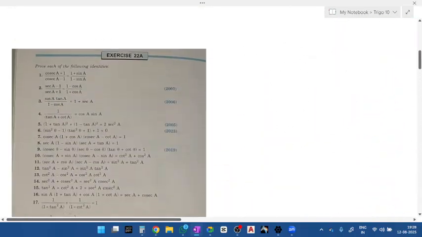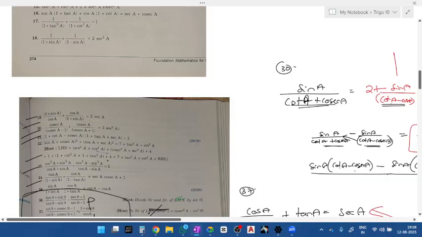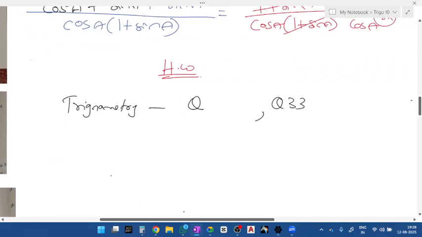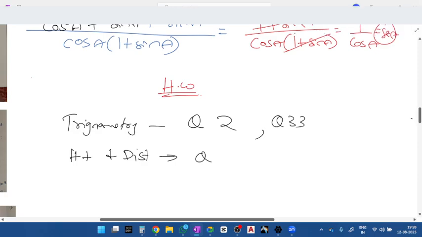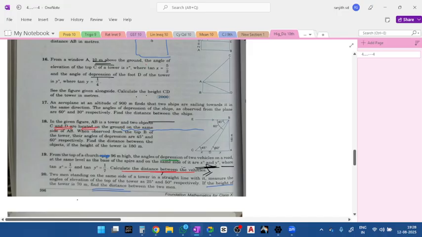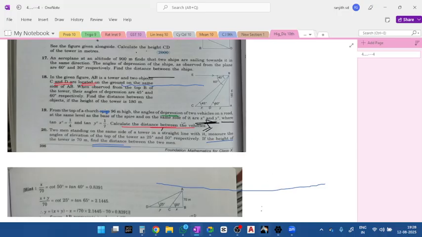I want all of you to solve question 2 and question 33. Don't copy, do it. If you're getting it wrong, I'll explain tomorrow. In heights and distance, total 3 questions. Complete these 3 and attend tomorrow. Heights and distance, 20th question. That is what I explained in the last class.